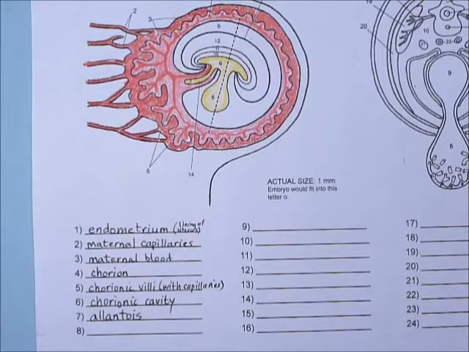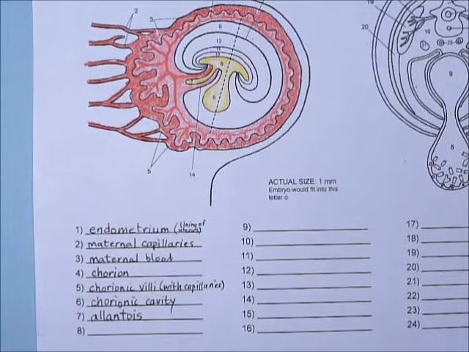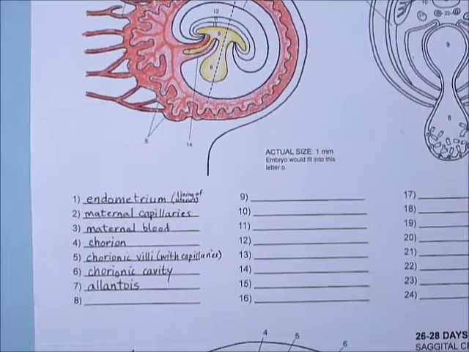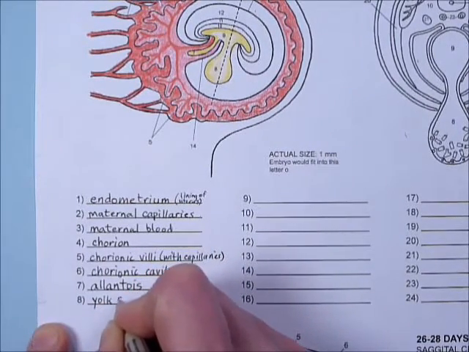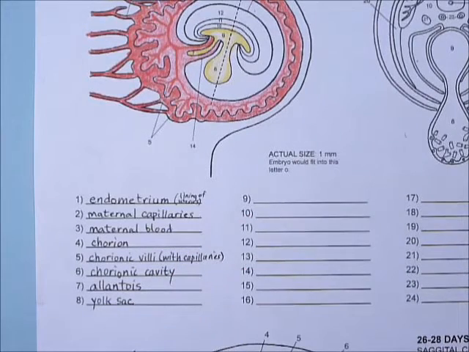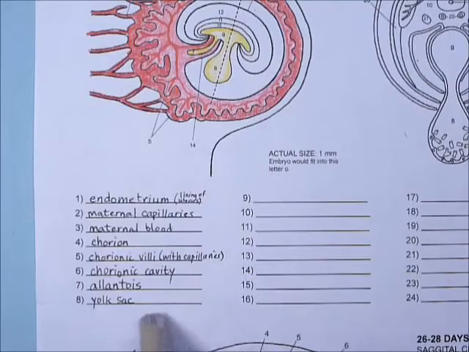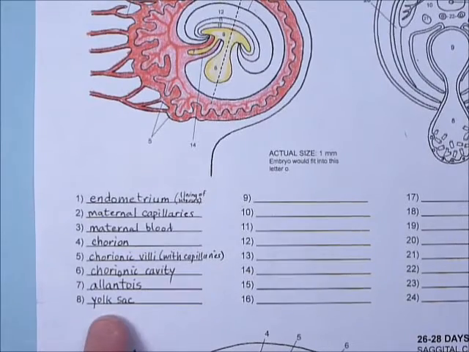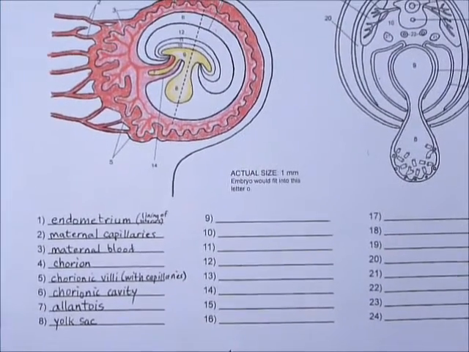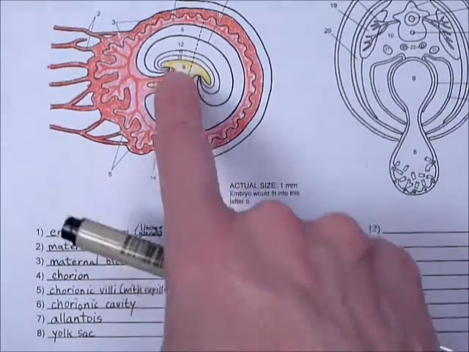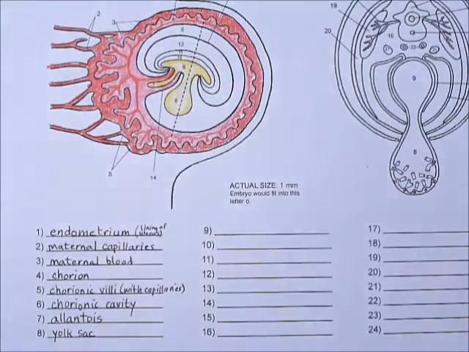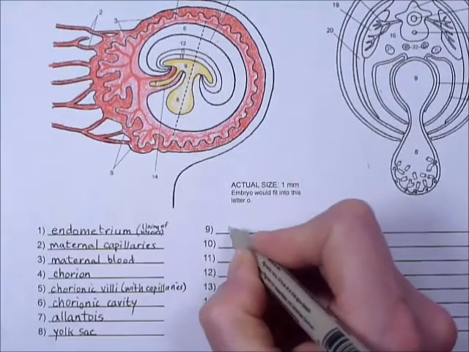So let's go ahead and label 8, the yolk sac. We've seen that before. You know what that is. And we'll talk more about that in the next drawing and the drawing after that also. So just know that's what that is. And number 9 is the rest of this little endoderm, or we're just going to call it the gut tube.